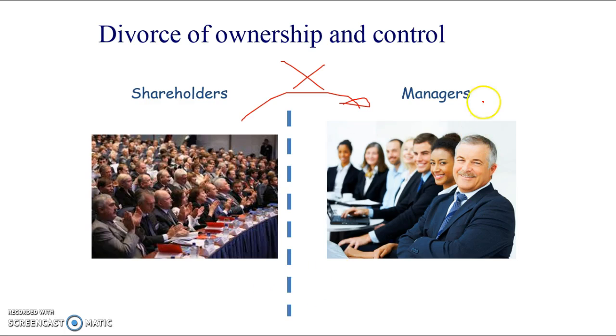So what you can get is these managers that are motivated by revenue because they want to be working for a very prestigious business, and revenues and the turnover is a good way to measure the size of a business, and they're motivated very much by their bonuses, and then the shareholders are motivated by the share value. They want their shares to be worth as much as possible, and maybe dividends as well. And they don't necessarily align with each other.